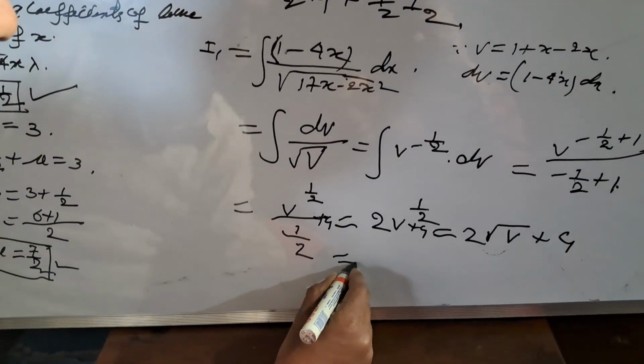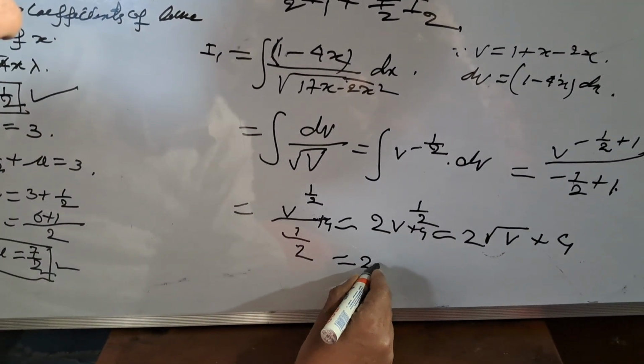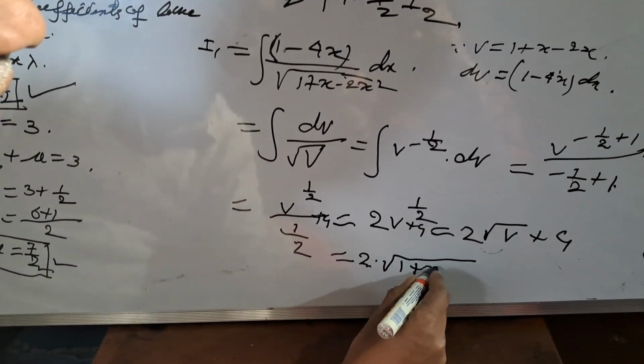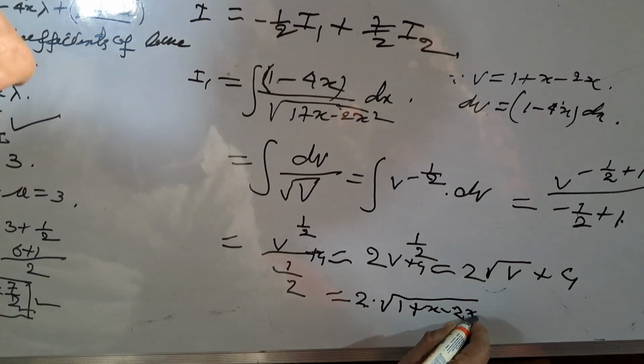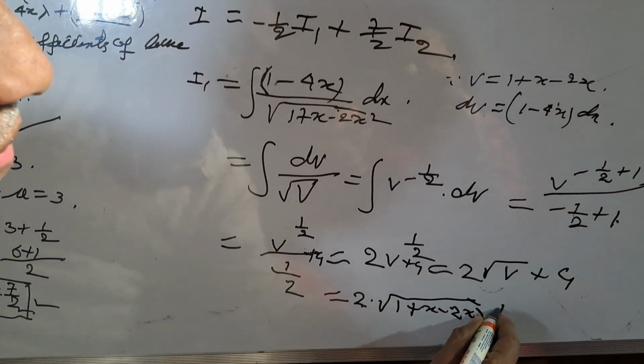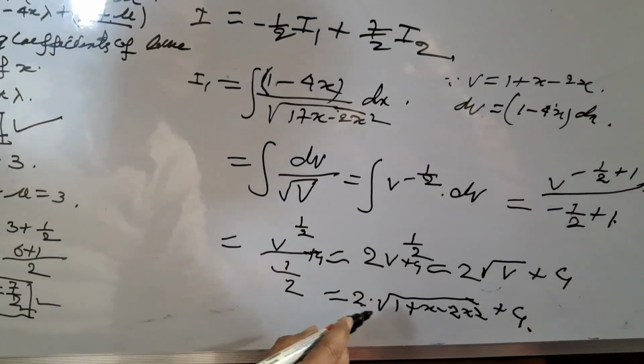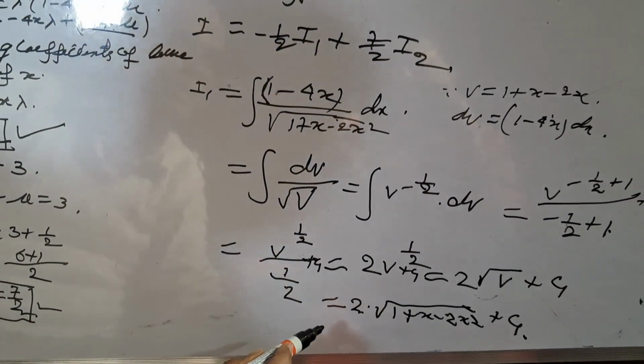Now return the value of v. So finally it becomes 2 under root 1 plus x minus 2x square plus c1. Clear?